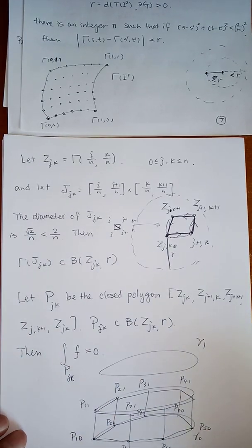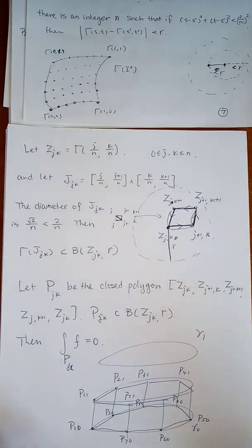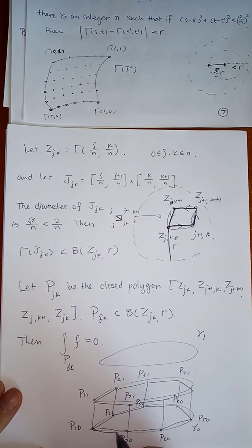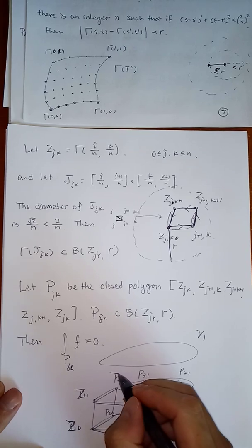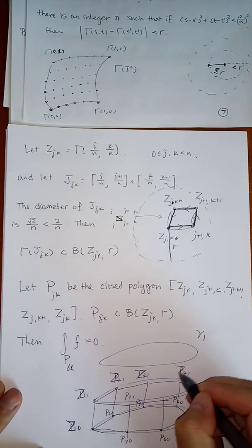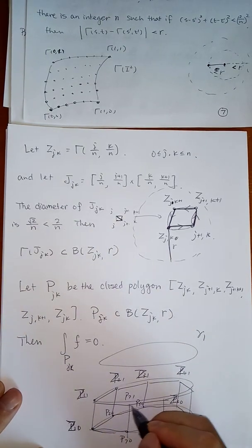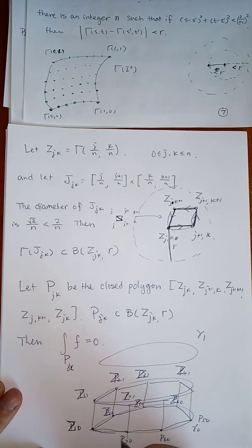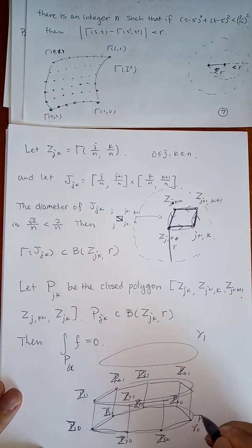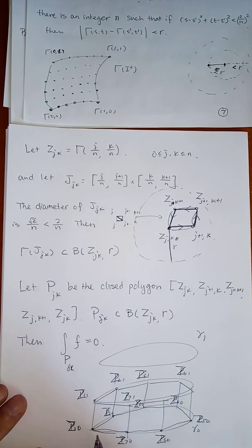So what we do, we first replace this gamma 0 by this. Not P, this is z, I'm sorry, this is z. All the points are z. It's not P. P is a polygonal curve. So first, we don't want to use the closed rectifiable curve gamma 0.